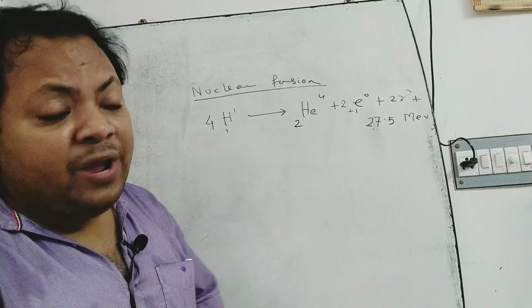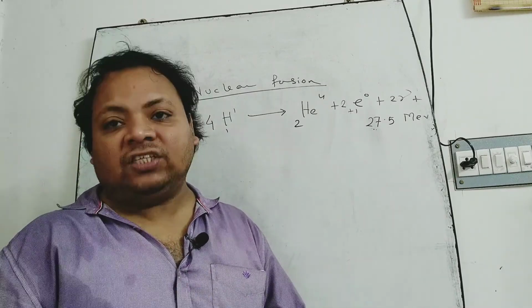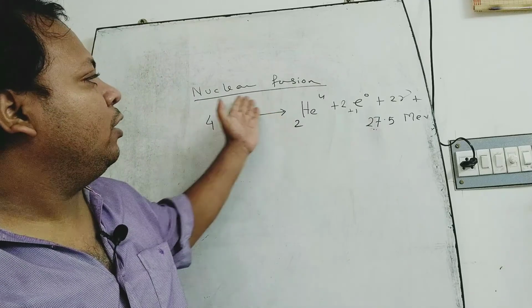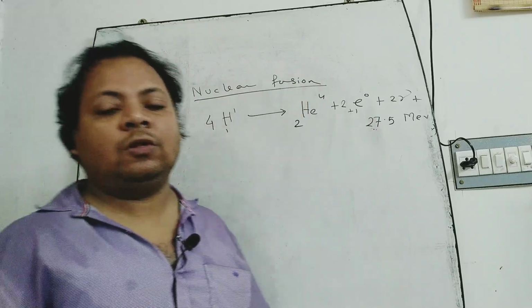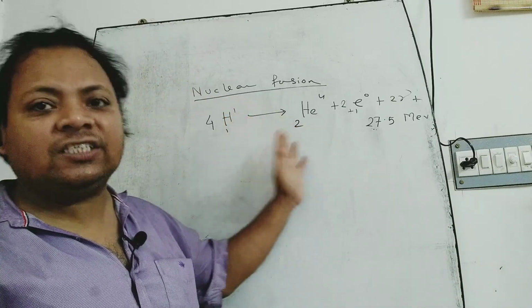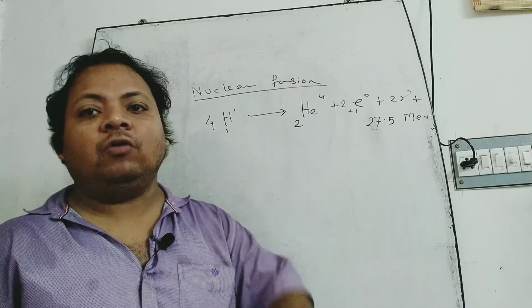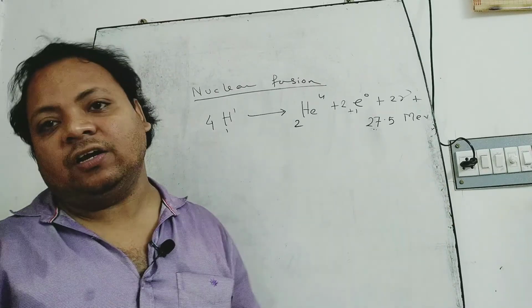The main source of energy of any star is nuclear fusion. Inside the sun, nuclear fusion takes place. That's why we get a huge amount of energy from the sun.